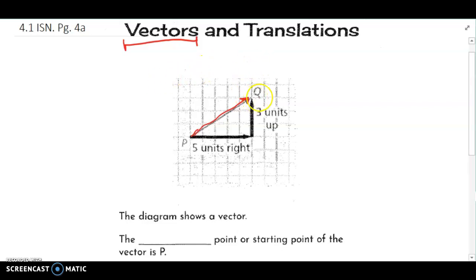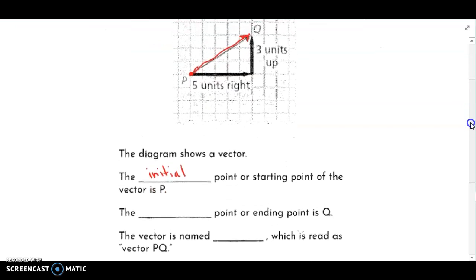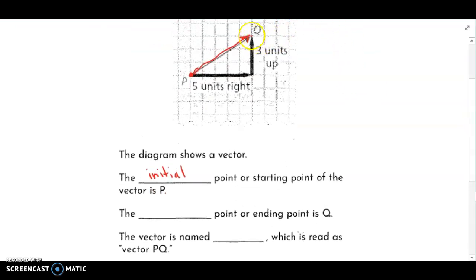Okay, so notice one end has an arrow and one end doesn't. The starting point is the one without the arrow, and we call that the initial point. So the initial point, or the starting point of the vector, is P. The point at the end of the arrow is called the terminal point.